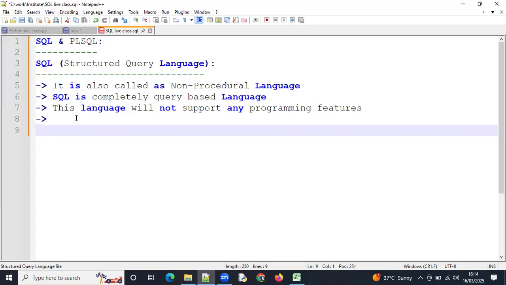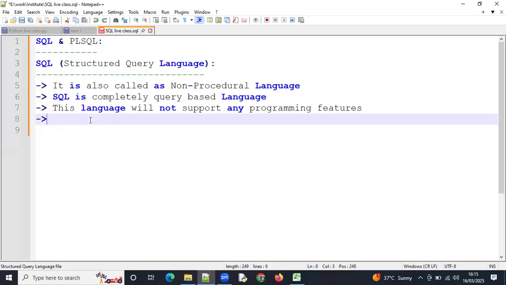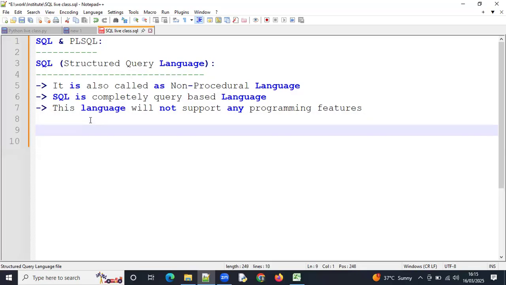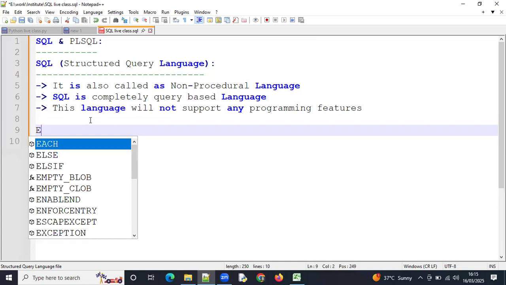Next, I'm writing the example for the third line. I'm going to give some examples. As we know, we can write queries in SQL, so what kind of queries will it consist of?